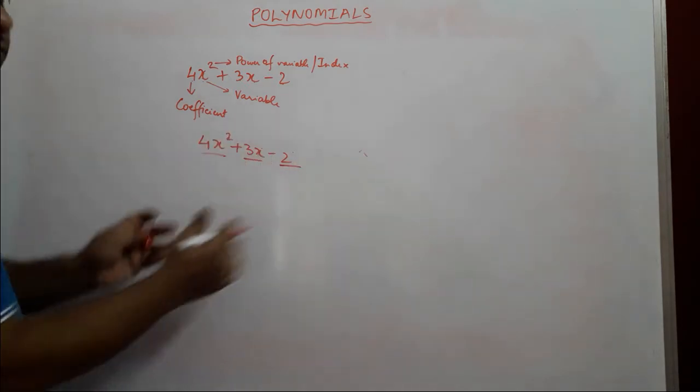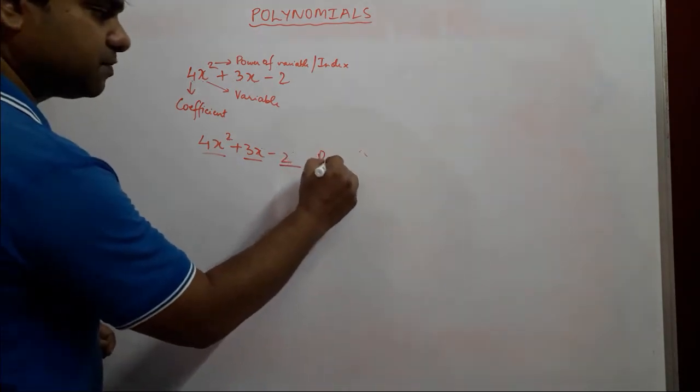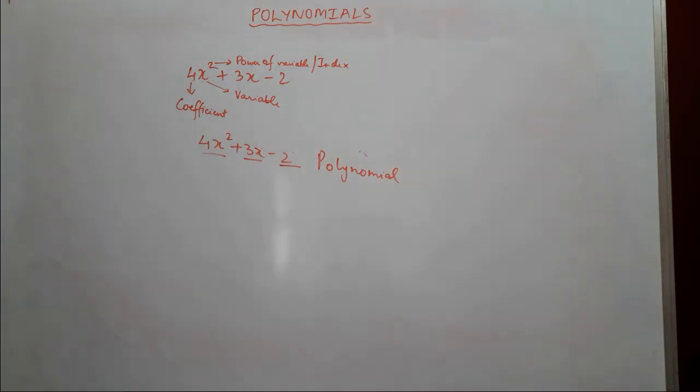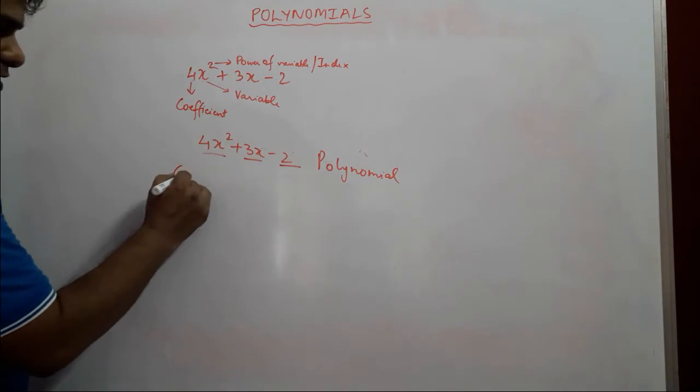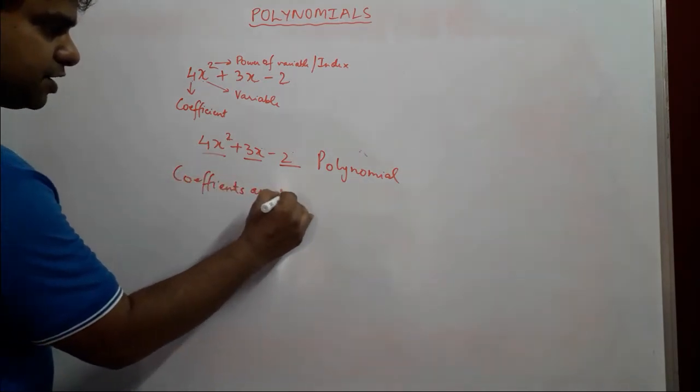So these many terms together, when they are added or subtracted, form what we call a polynomial, where the coefficients are real numbers.